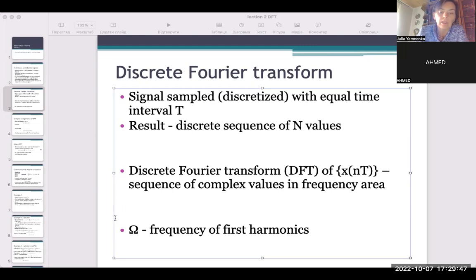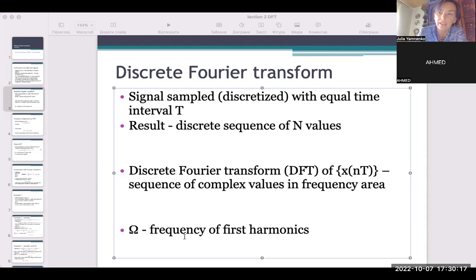So omega capital is the frequency of the first harmonic, and it could be calculated like here, according to the expression below on the slide: 2π over (N minus 1) multiplied by T, where N is the amount of discrete digits in the original function and as well in the spectrum, and T is the interval of discretization.